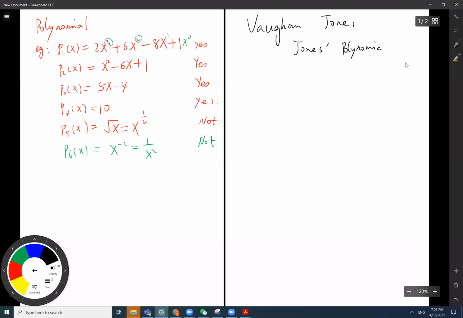Maybe this one is a bit different from a high school polynomial. But for high school, those are polynomials. The coefficient could be a negative number, maybe thirds, maybe other numbers. But the x power can only be a whole number.